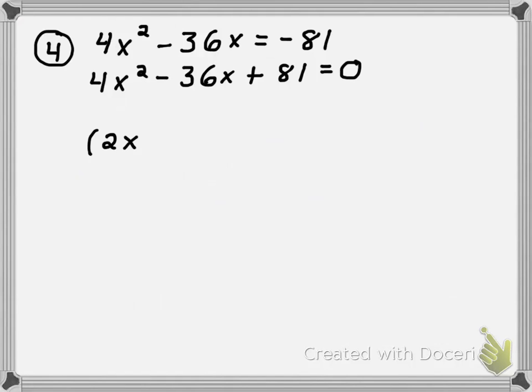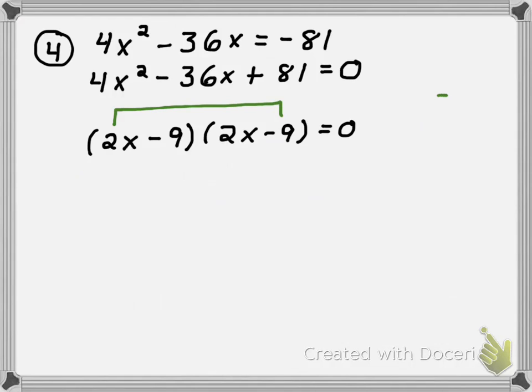My first term is 4x squared, so that is 2x times 2x. My second term, or my last term, is 81, so we can do that as 9 times 9. Now notice though that we didn't make them opposite signs like we did yesterday with the difference of squares. We made them the same sign, and this is why. If we take the first and last terms and we multiply them together, we get negative 18x.